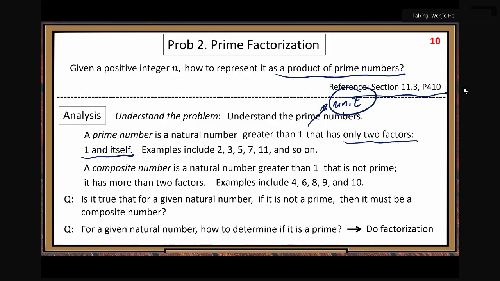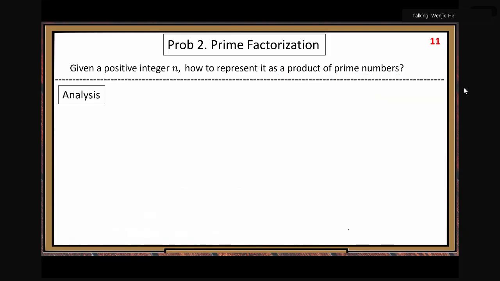So if we can do factorization, then you know the answer to this question. So let's look at the factorization question. How to do factorization? Basic operation.